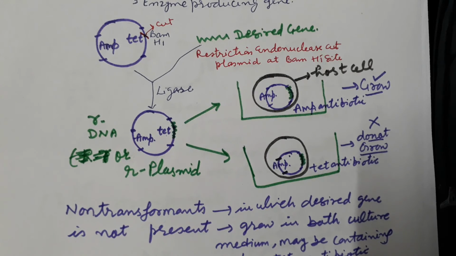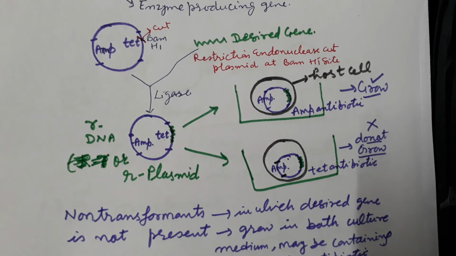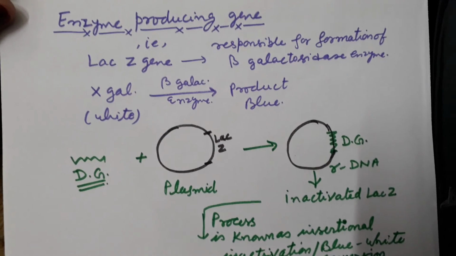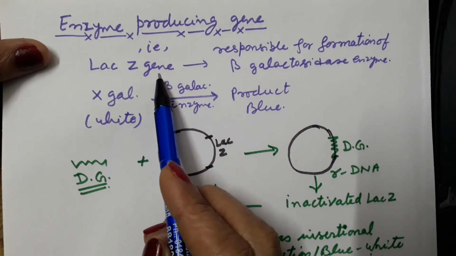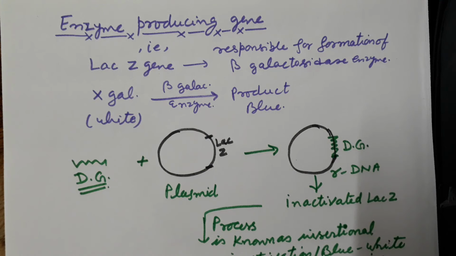Now we discuss the other marker gene, the enzyme producing gene. How does the enzyme producing gene help in the selection of transformant? This is the second case. For the enzyme producing gene, for example, mostly we take the marker gene as the LacZ gene, which is responsible for the formation of beta galactosidase enzyme. This beta galactosidase enzyme is responsible for conversion of a substance, X-gal, into a product.